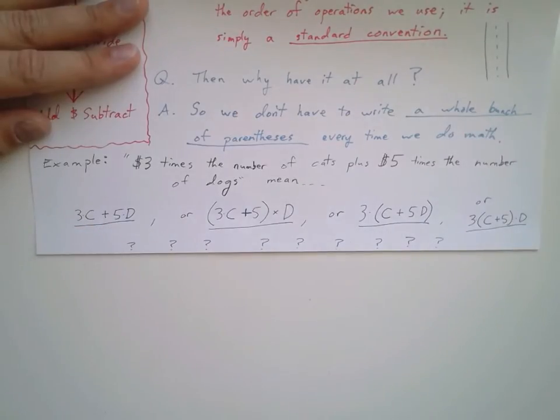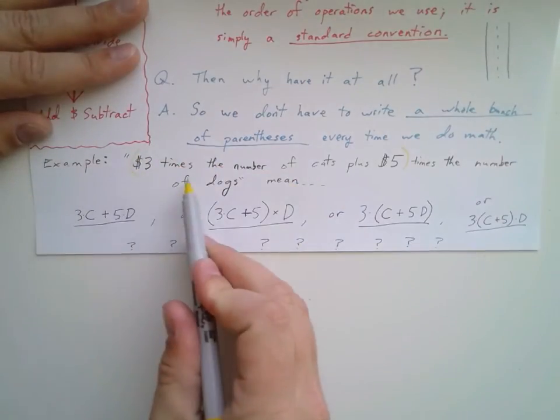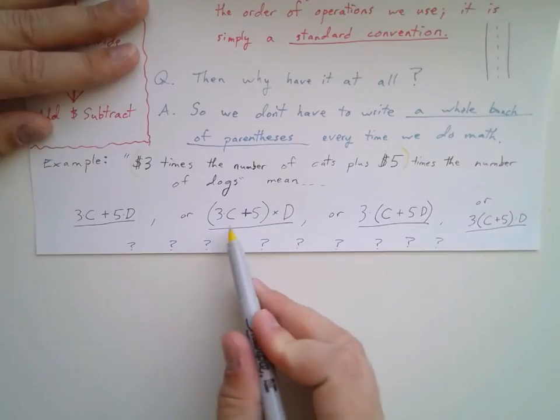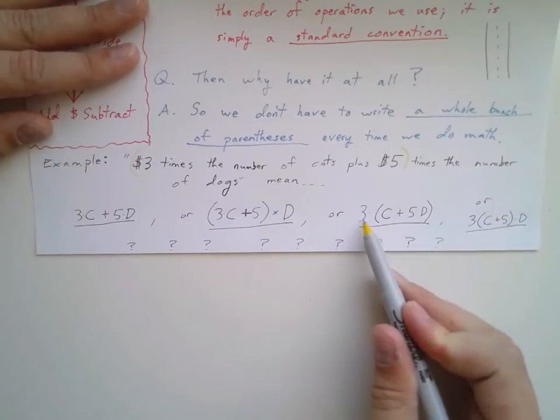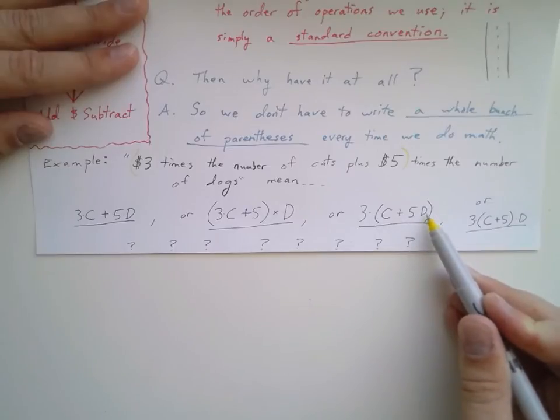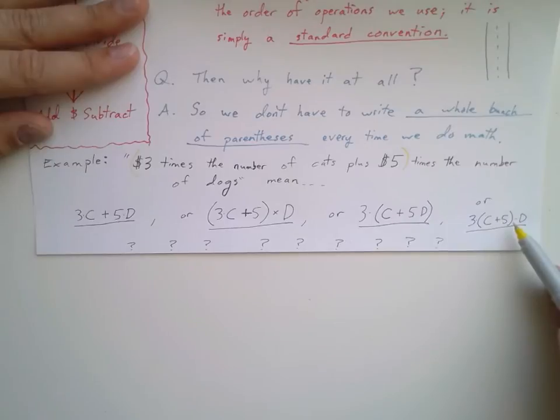Or is it kind of like if you put a parentheses here, 3 times the number of cats plus 5, then times the number of dogs?